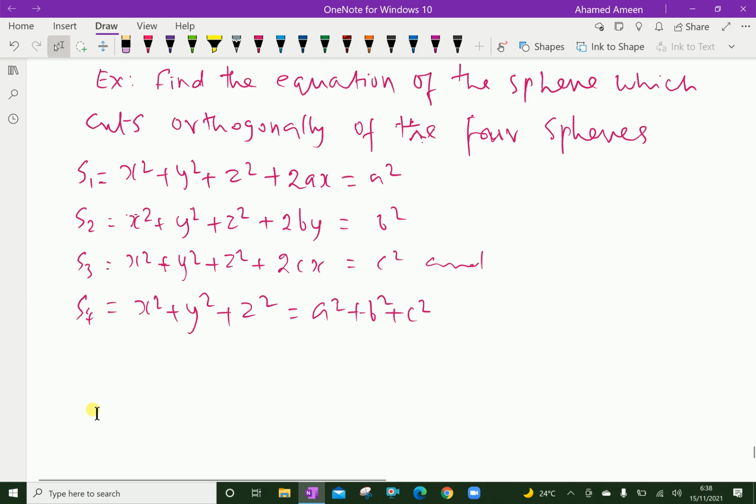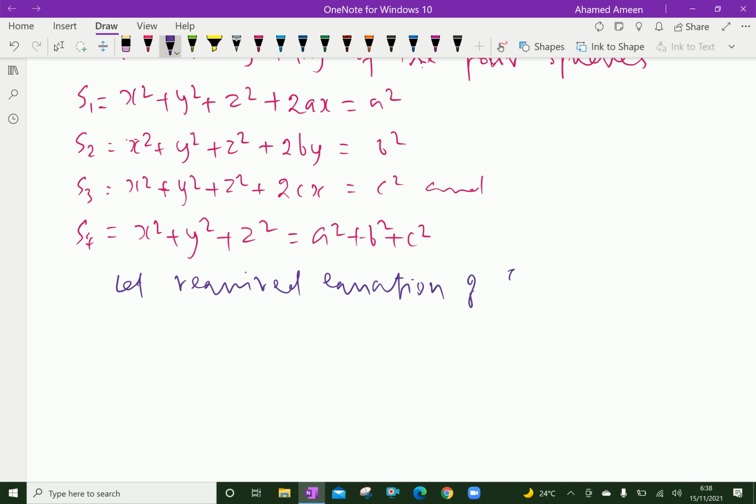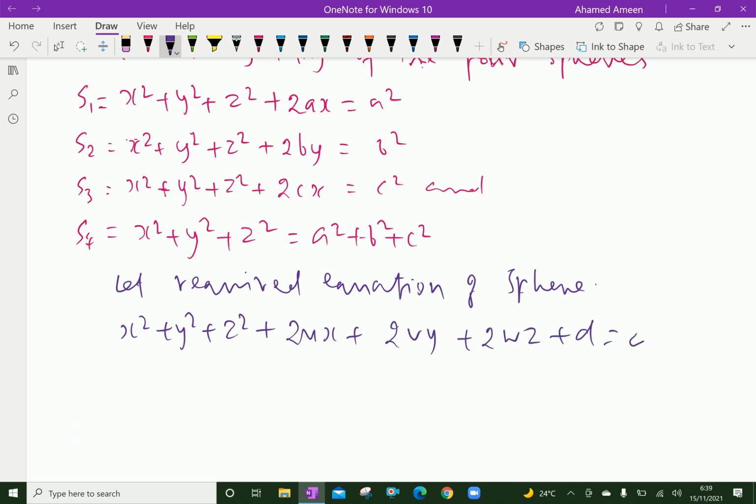Now, let the required equation of the sphere, in general form, be x square plus y square plus z square plus 2ux plus 2vy plus 2wz plus d equal to 0. Let it be 1.